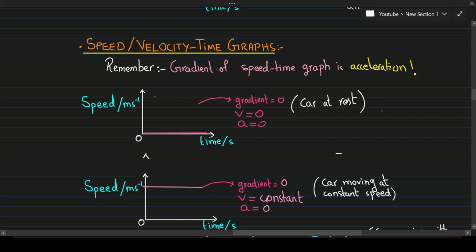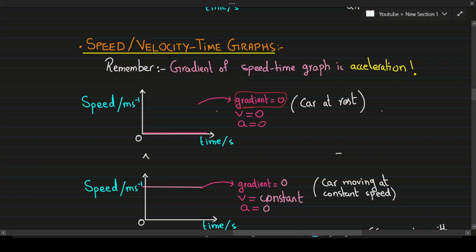So the first graph is very easy. You can see that the line is here, on the time axis, which shows that the speed is zero while time is moving forward. Time is running, but the speed is not increasing, and speed is zero, which implies that the gradient is zero.